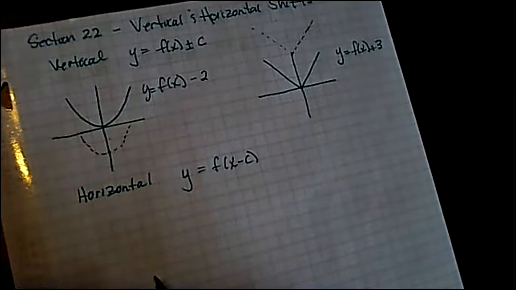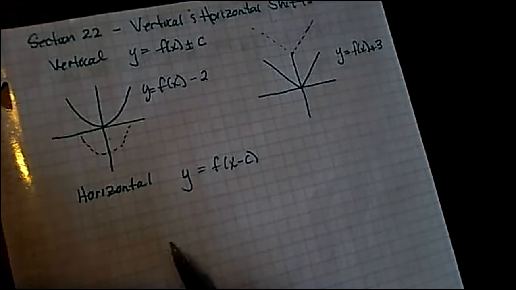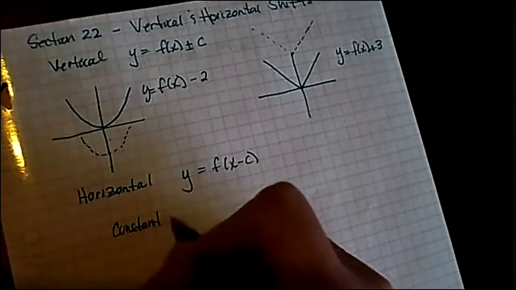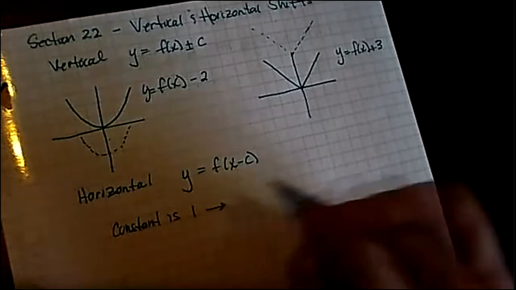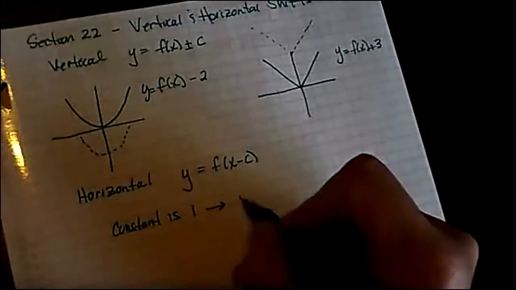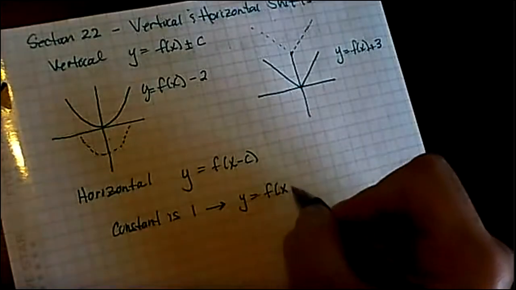So if I say to you, what if my constant is a positive 1? Then I put a 1 in for C.